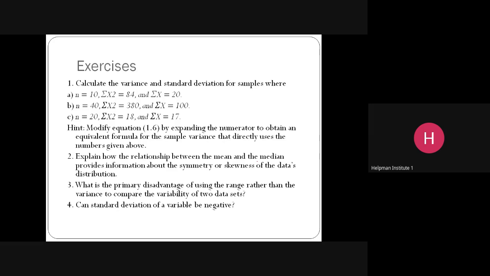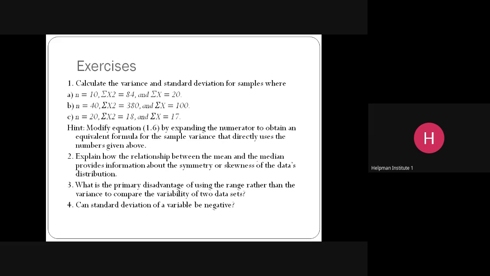Based on the formulas that we have given in the course of the lesson, we can employ them to solve number one. And then there's a hint there. You can modify equation 1.6 by expanding the numerator to put in an equivalent formula for the sample variance. So when you use them, we can get the variance and standard deviation for these particular values from A to C.